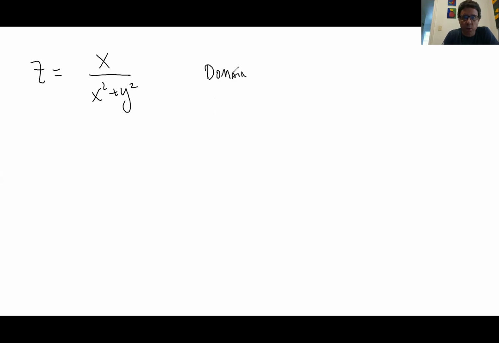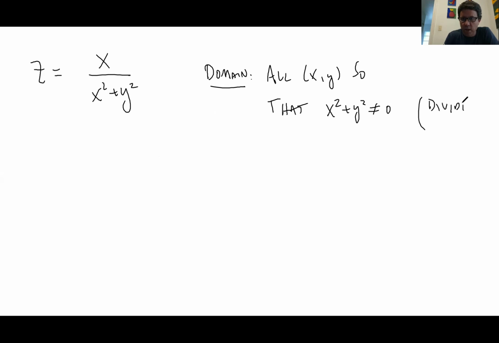And that'll help us figure out what the domain is. So I don't want to divide by 0. So the domain will be all pairs x, y so that x squared plus y squared cannot be 0. Everything else is fine. I just got to make sure I don't divide by 0 in this fraction.